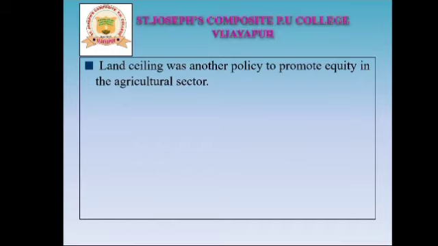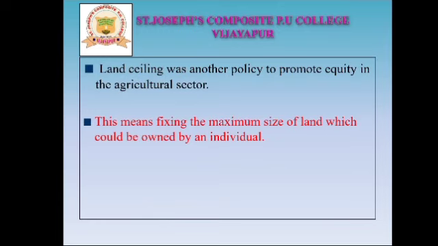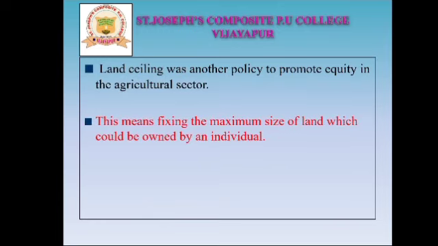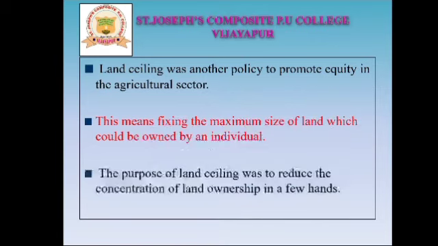Land ceiling was another policy to promote equity in the agriculture sector. Land ceiling means, as you know, fixing the maximum size of land which could be owned by an individual, because this will help increase productivity in the agriculture sector.